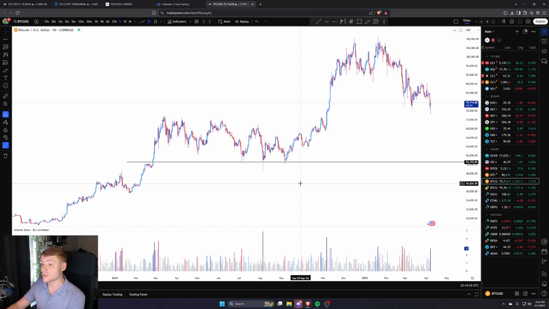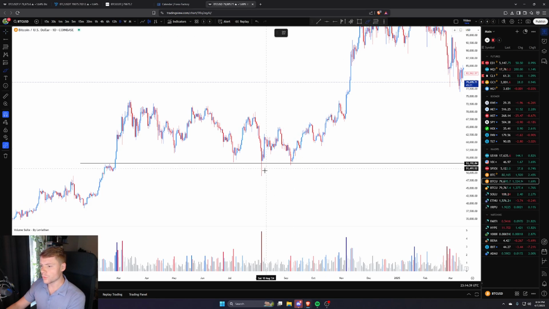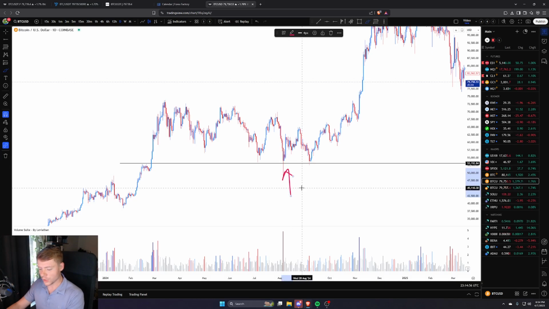You can see the relative volume was absolutely insane. So what can you deduce from here? Range low, this is an area I'm going to be watching for. Are we breaking out on low volume, or on high volume? We tried to break out on extremely high volume, and we couldn't get through it.